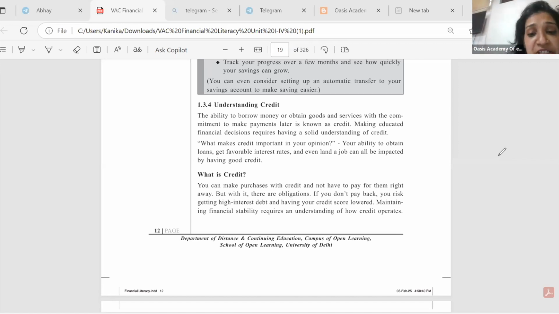Making educated financial decisions requires a solid understanding of credit. Nowadays, when you start making any financial decisions, you should have a good knowledge of credit. You should have a solid understanding, means you should know what is credit, why is credit important in decision making, and whether credit will have an adverse effect or not. Credit also plays a very important role in your financial decision making.